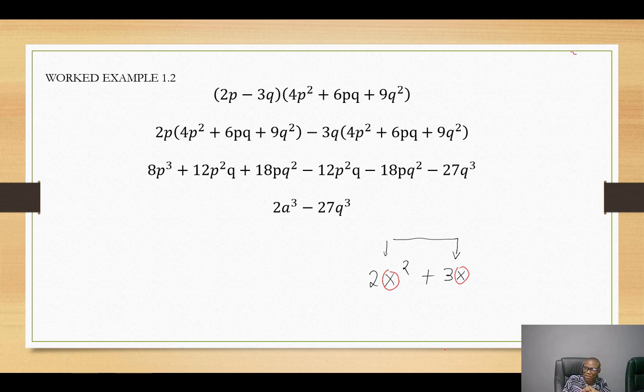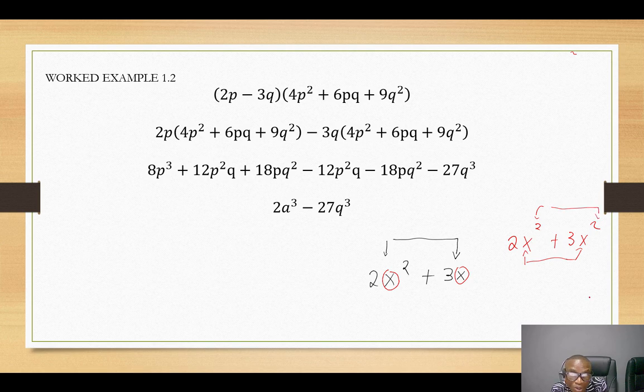So if I change this expression 2x squared plus 3x and write 2x squared plus 3x squared, yep, these two are like terms. Why? They have the same variable x, same exponent, which is 2.